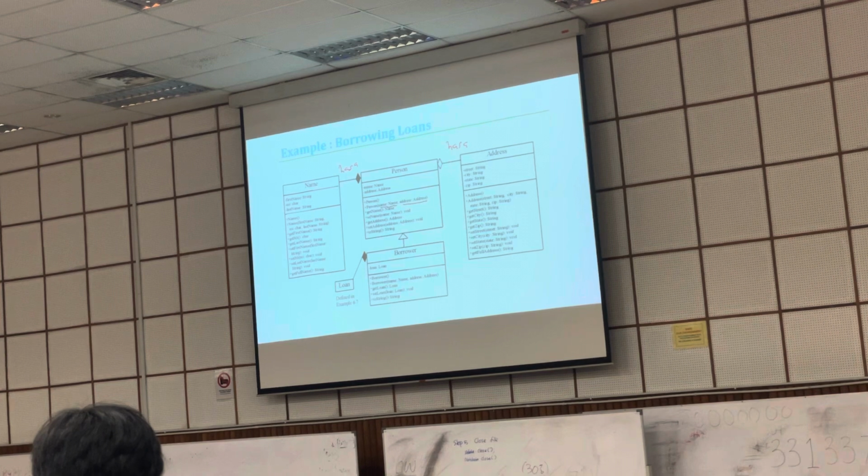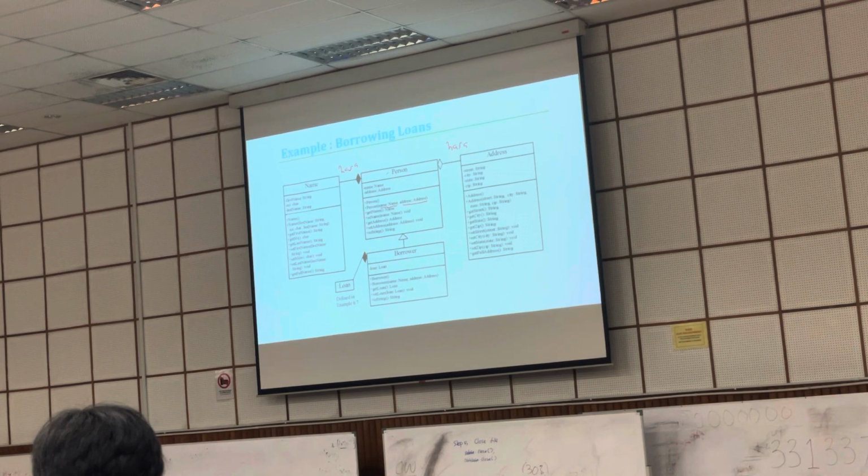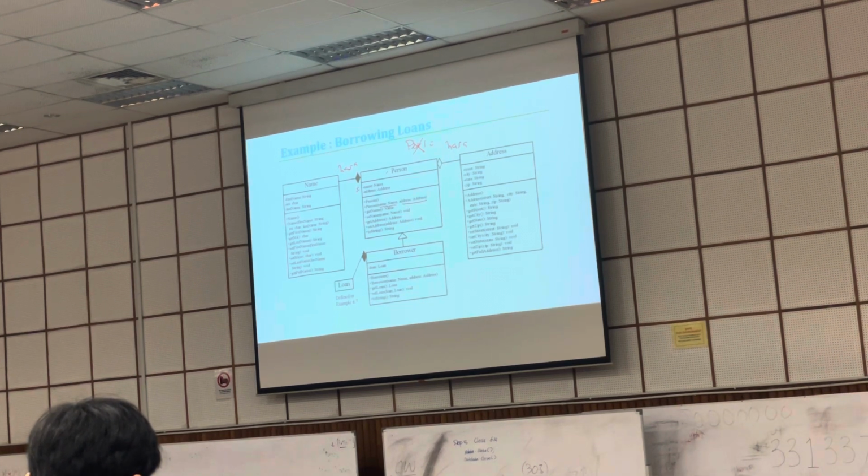If this person is deleted, let's say I created a person1 object and it is deleted, the name, which is the last name and first name, also does not exist, right? So that's why it's a composition. When it comes to the address, maybe some people stay in the same house, okay? So it's shareable.